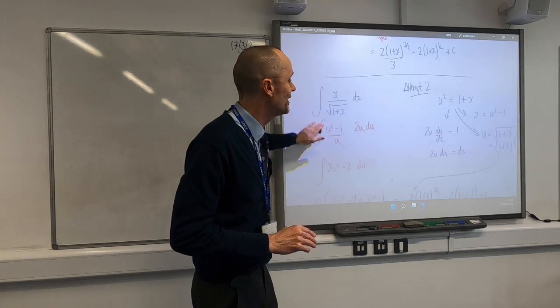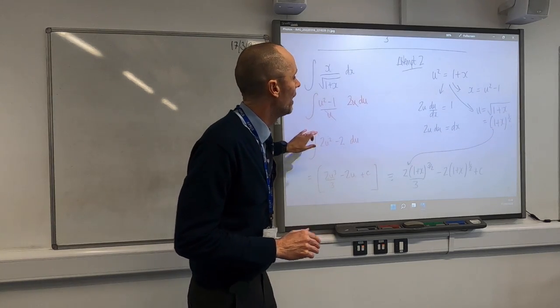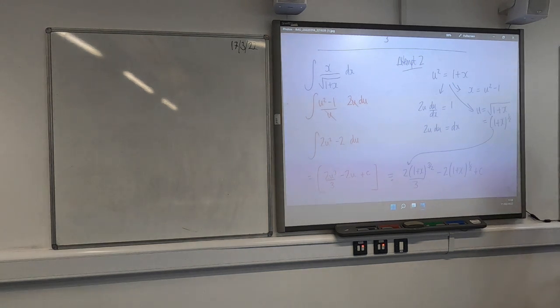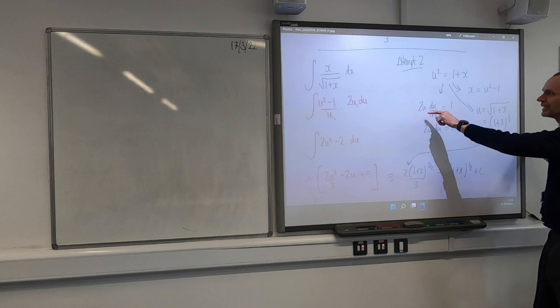I then did it the other way, where I replaced 1 plus x with u squared. So that was a bit fiddlier, wasn't it? Because I had to differentiate this implicitly. Well, I could have rewritten it like that and differentiated that, which you can do actually. You can differentiate as a bracket, but this is probably a little bit easier than that.